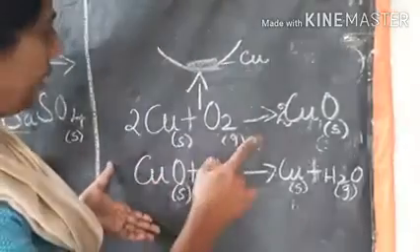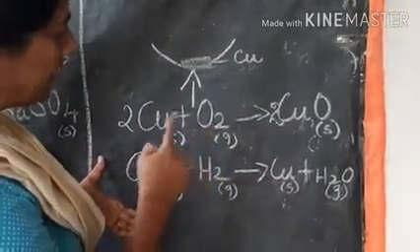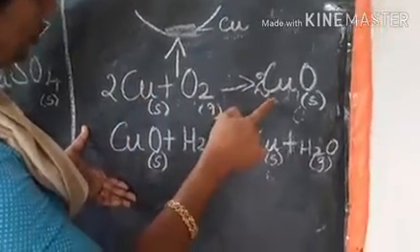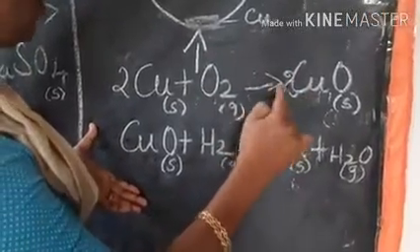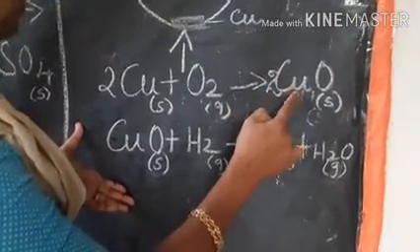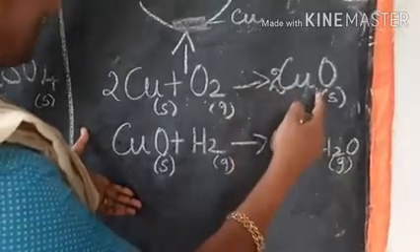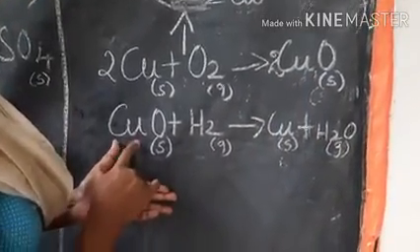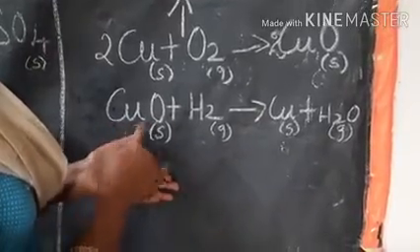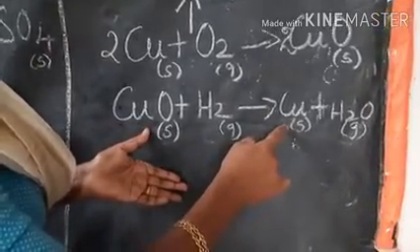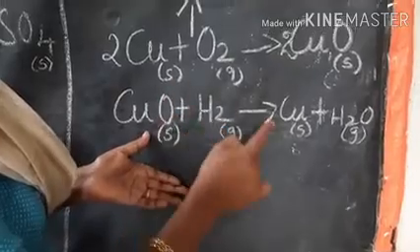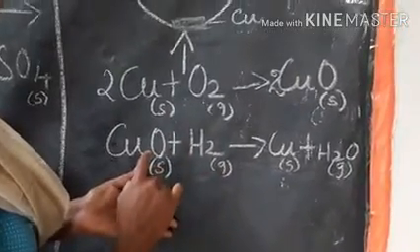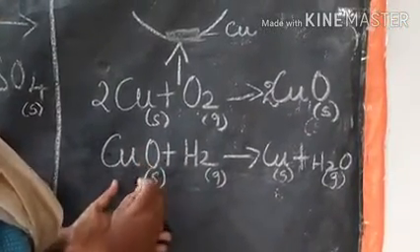Okay, look at this equation. Here oxygen is added. When we look into the product side, oxygen is added with copper. So the reaction is oxidized. And here you look into, in this reaction, copper oxide, but here only copper is there, is it? So oxygen is removed. Oxygen is removed means that is reduction.